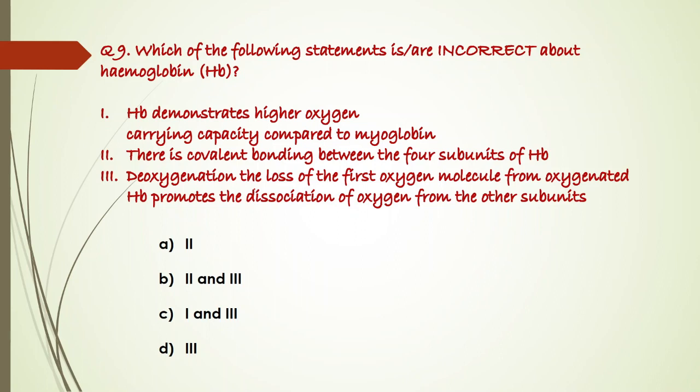So basically hemoglobin has four. If you lose one oxygen molecule from one subunit, then the other subunits will also promote the dissociation of oxygen. That is the third point. So out of them, which statements is or are incorrect about hemoglobin?